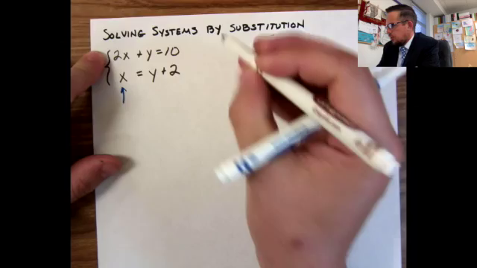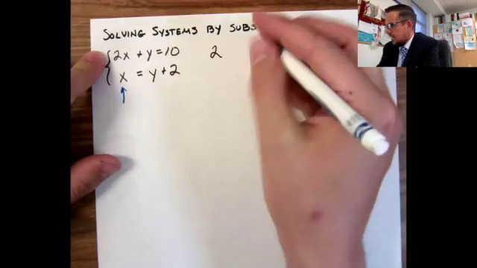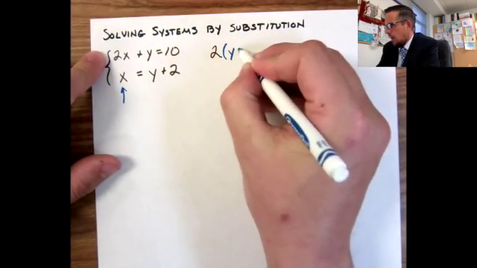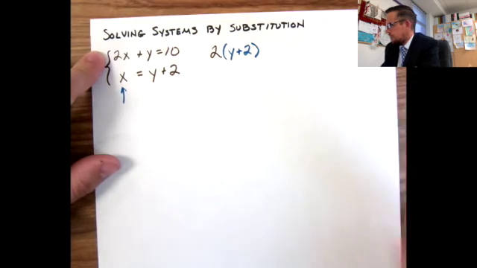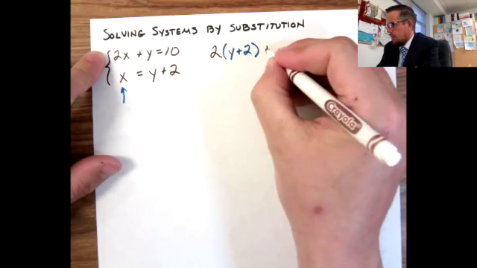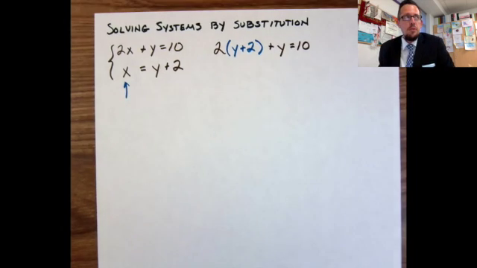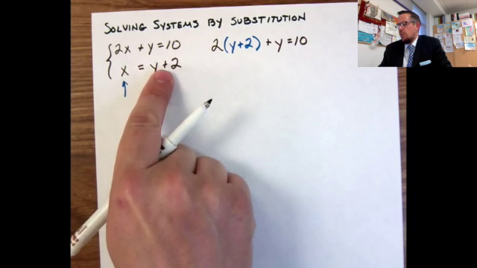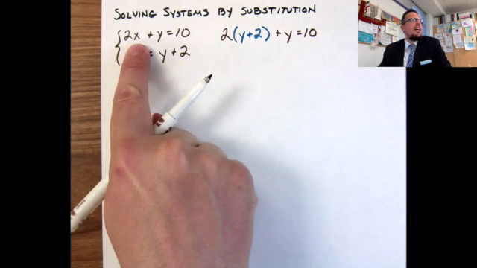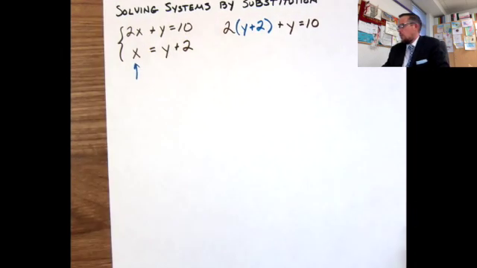So 2, and instead of times x, I'm going to do times y plus 2. I'm going to keep everything else the same, but the x is going to be replaced or substituted with y plus 2. So that if x and y plus 2 are equal to one another, I should be able to replace this x with y plus 2. Right?